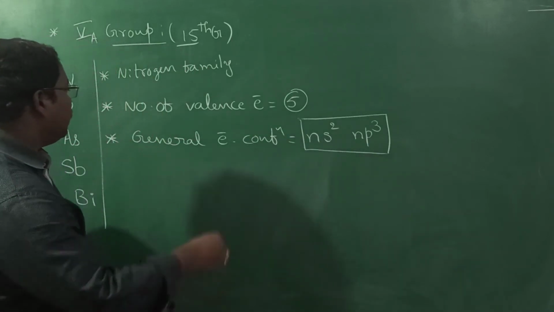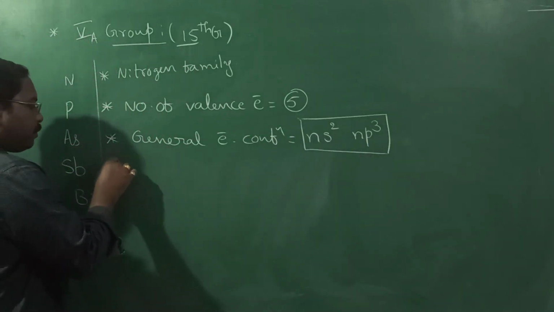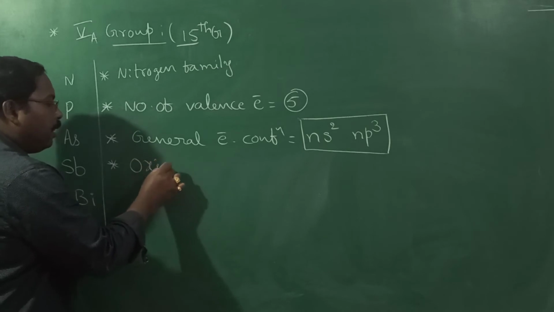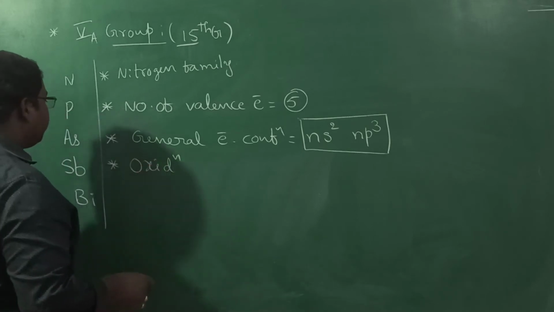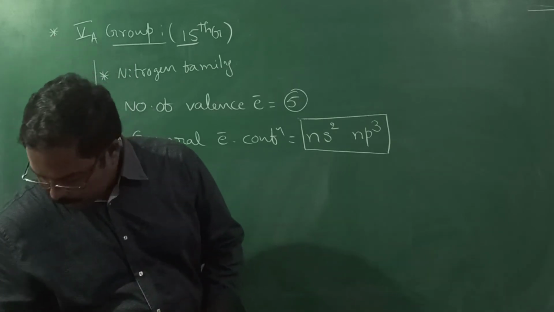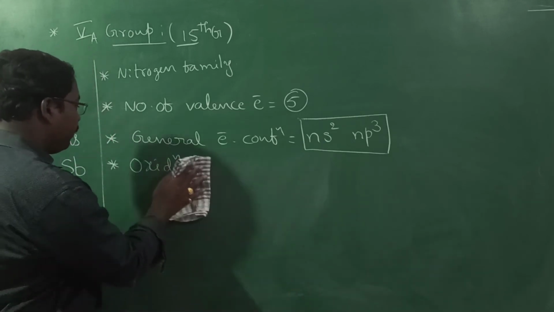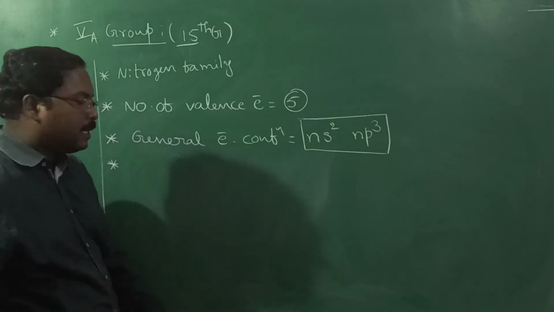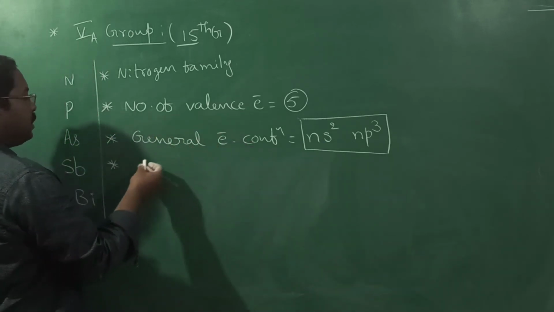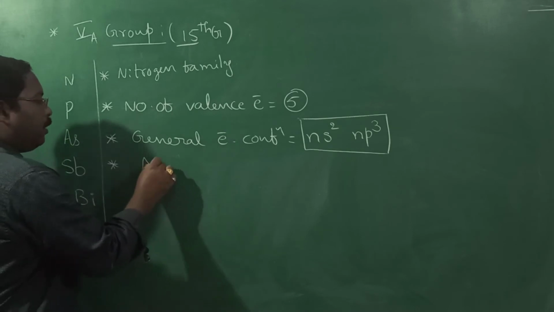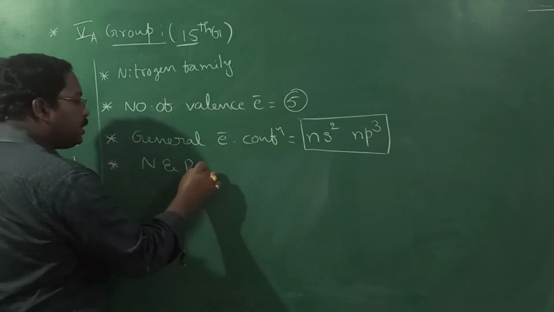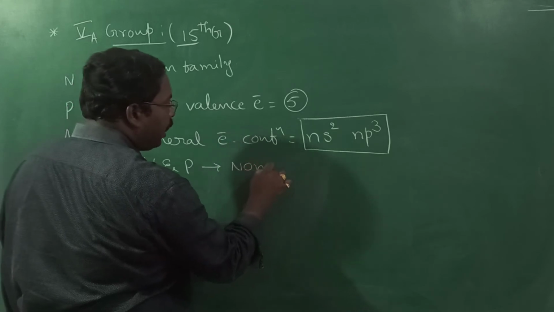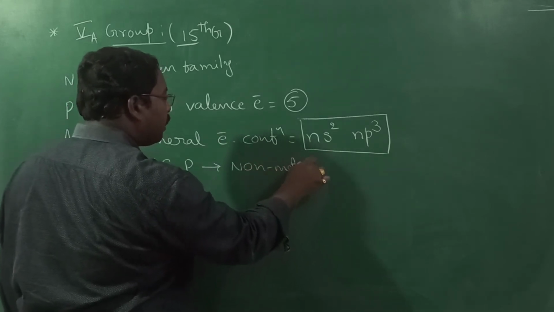Right. Now, what about their oxidation states? Just one point. Let us discuss the nature, then we will discuss oxidation state. Now we know nitrogen and phosphorus are purely non-metallic in character.